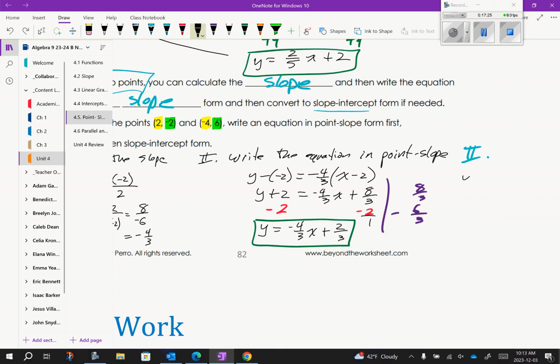So I'll take y minus 6 is equal to negative 4/3 times x minus negative 4. Now, in my mind, the first thing I want to do here, leave that y minus 6 alone. Before I even distribute, I want to simplify. Subtracting negative 4 is the same thing as adding 4. Then I want to distribute.